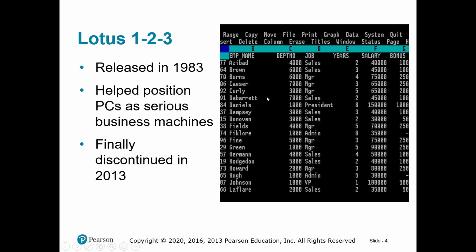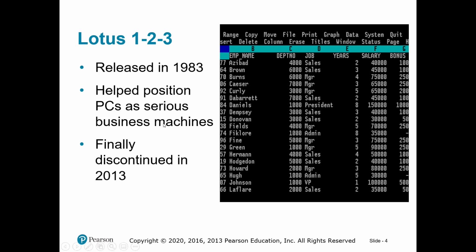Now, I've never used Lotus 123 in practice. By the time I entered the business world, Excel had pretty much taken over. But Lotus 123 was probably one of the first mass market spreadsheets. It was the first one for the PC, released in 1983.